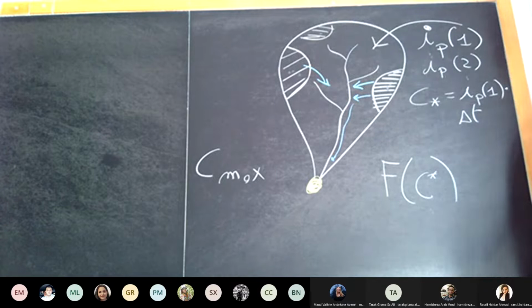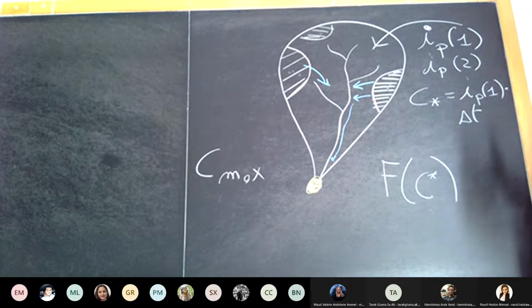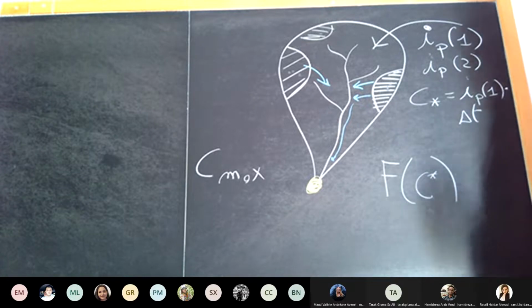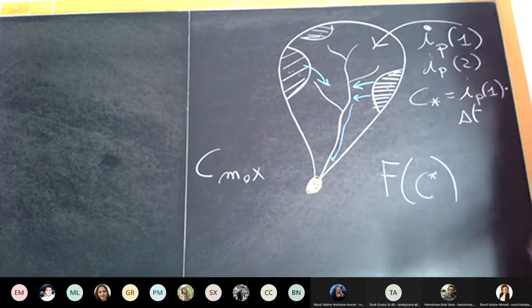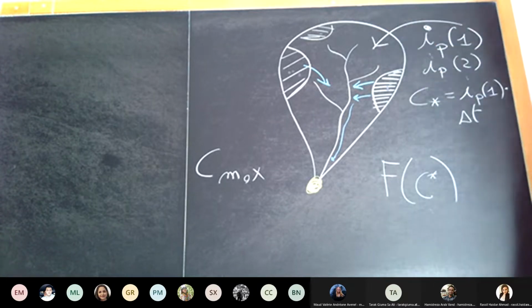This is what happens. And you may think, oh, this is much complicated. Actually not. This is also another nice feature of this model. You will see that the mathematical treatment is not complicated. But in order to understand the mathematical treatment, I think that you have first to understand this conceptual workflow.